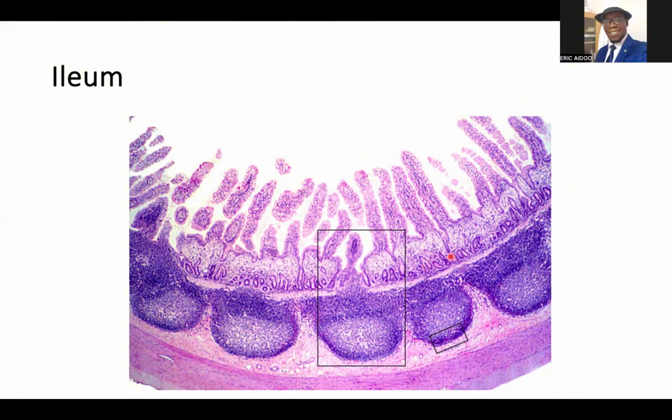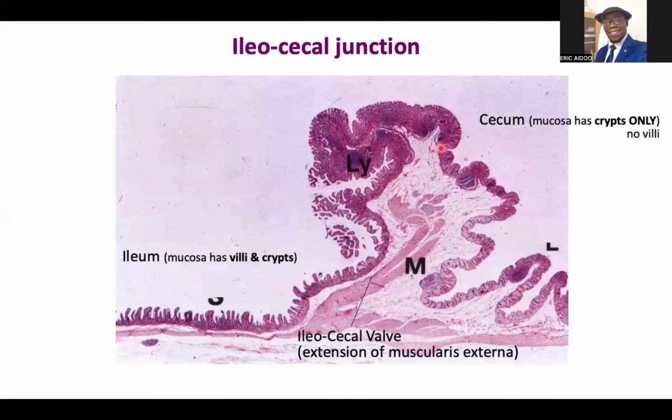The crypts will be here in the mucosa, and then the muscularis mucosa outlines the limits of the mucosa. There will also be villi there, and where you have the submucosa going together with the villi, you obviously have the plicae.